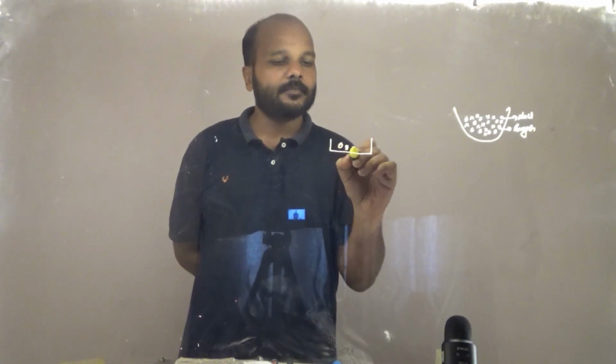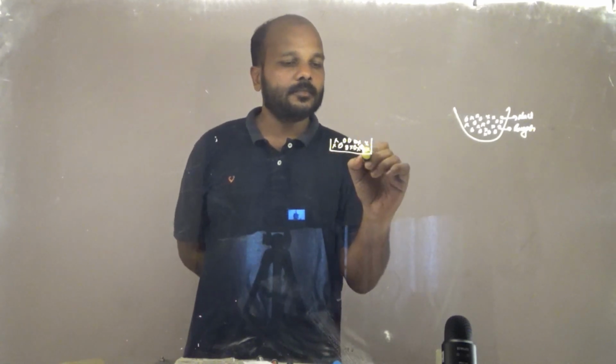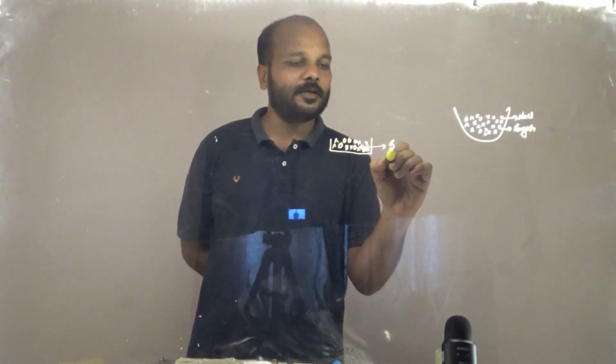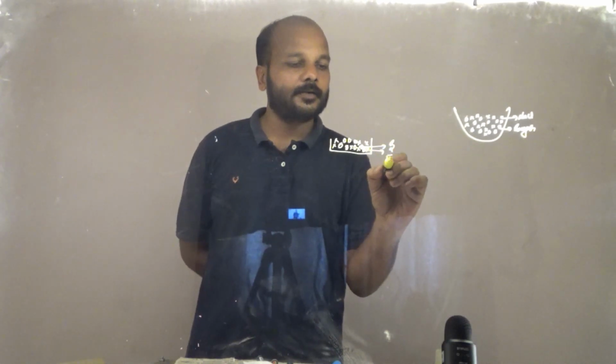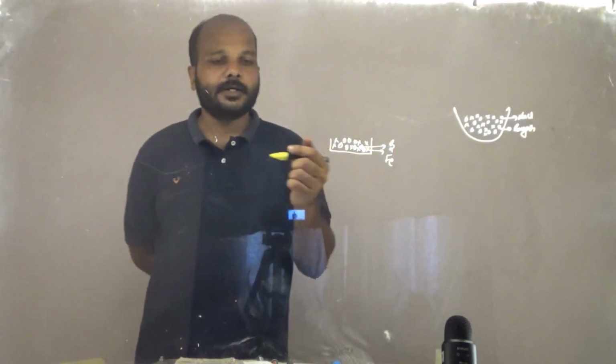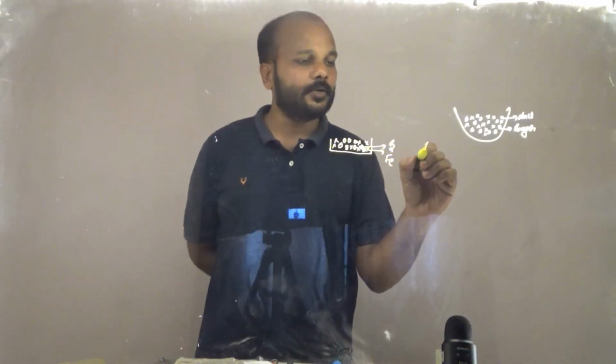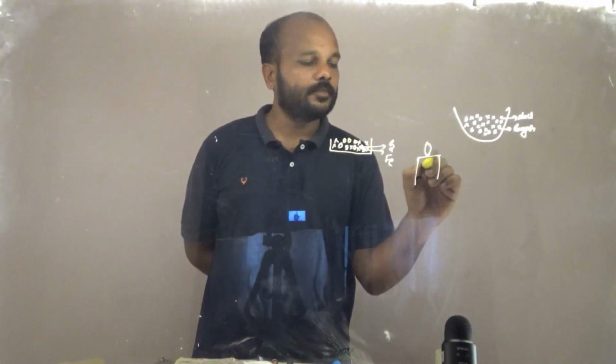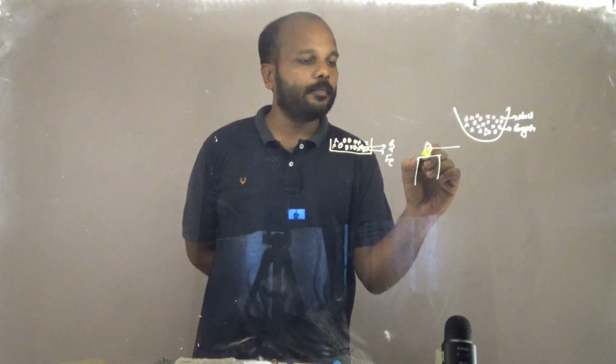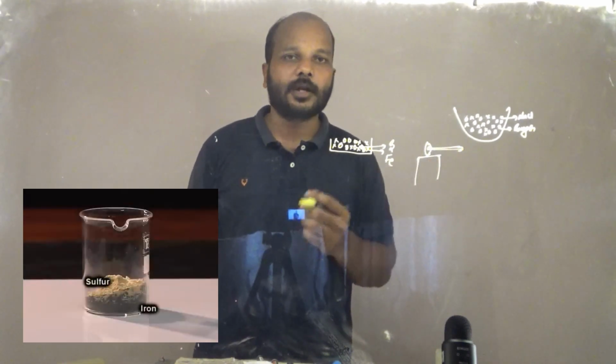And you take a Petri plate. This contains sulfur, and this is iron. You take a Bunsen burner and heat the spatula or iron rod.